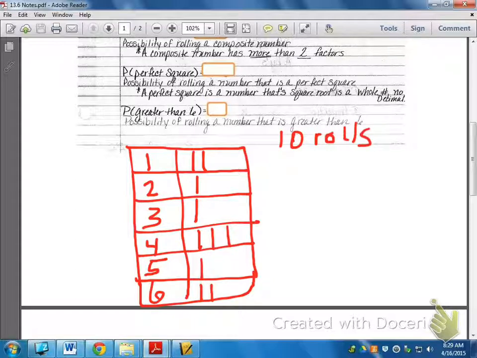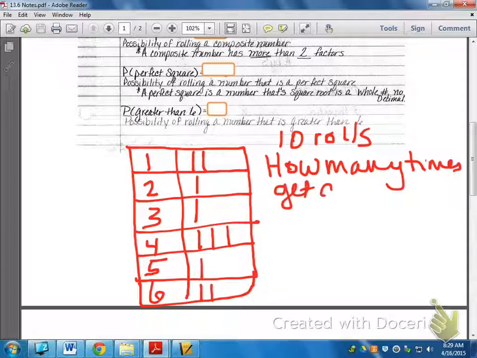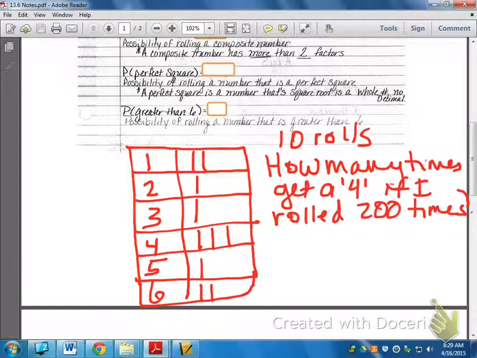Now, let's say that I use this experiment to help me figure out, if I had similar results, how many times would I get a 4 if I rolled 200 times? If I use my results from my experiment, how many times would I get a 4 if I rolled 200 times?